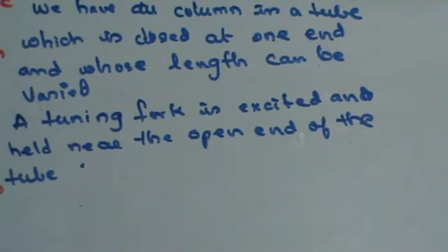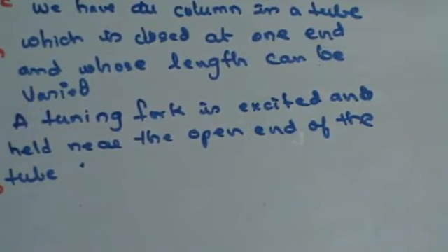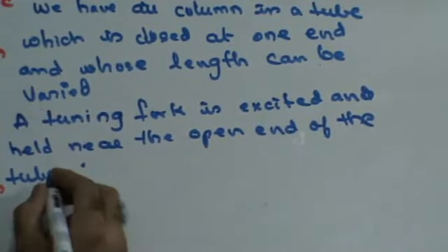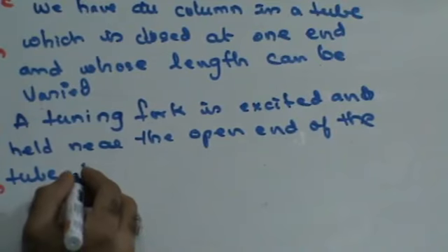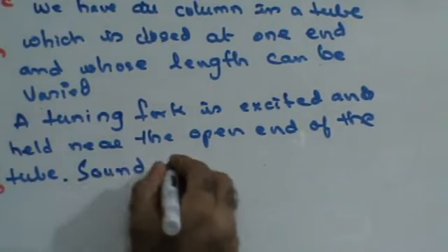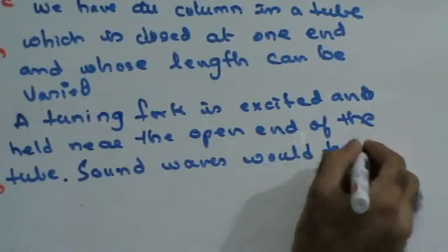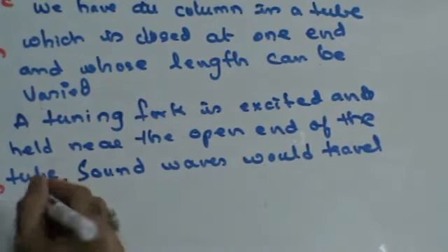These waves would get reflected from the surface of the water. Now, the sound waves traveling inside and the sound waves reflected from the water surface would interfere with each other. That would give rise to stationary waves. So thus, stationary waves are produced in a resonance tube, right? A tuning fork is excited and held near the open end of the tube. Sound waves would travel along the air column.